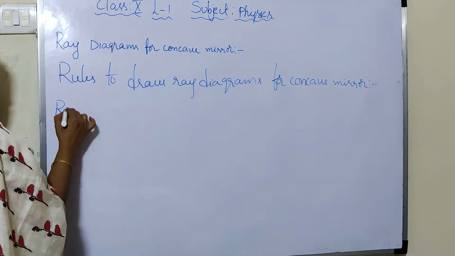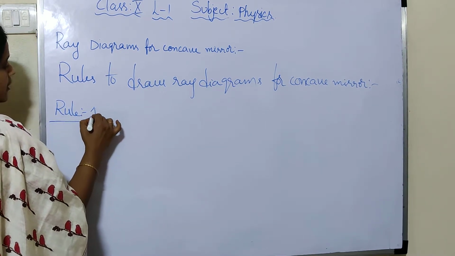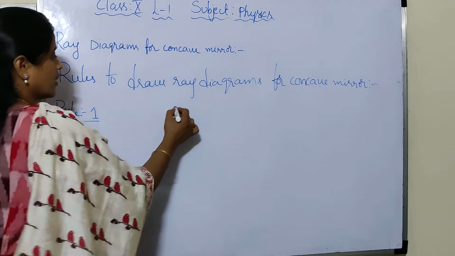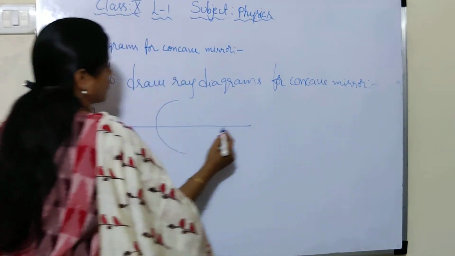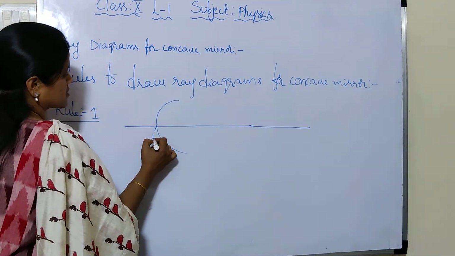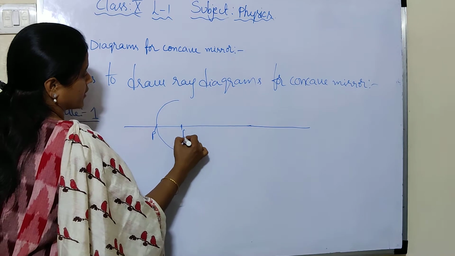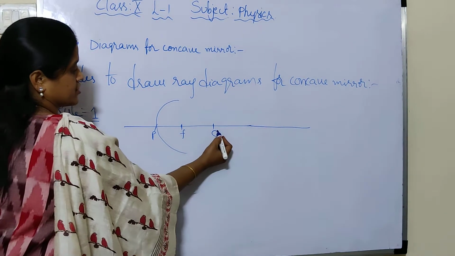Rule 1. What is rule 1? Always draw the principal axis like this. This is the pole, and you will get the focus, and this is the center of curvature.